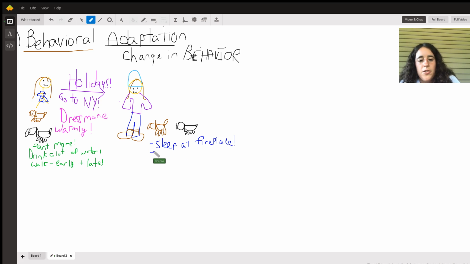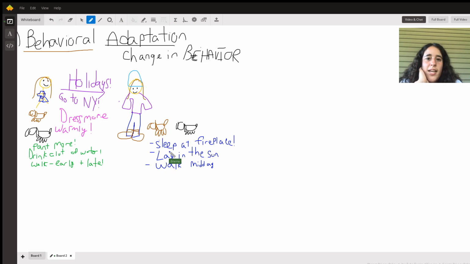Or maybe they will choose to lay in the sun because that gives them more warmth. Or when we walk them, we will walk midday. We'll walk midday when it's warmest to help the puppies stay warm.